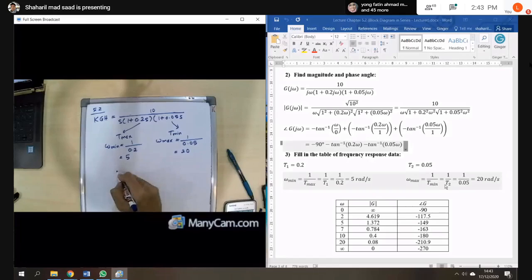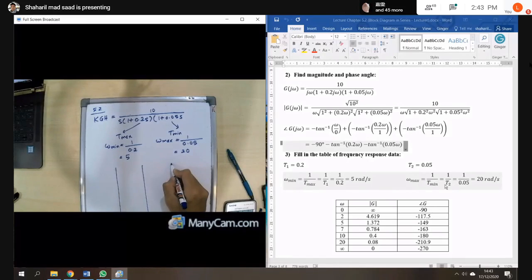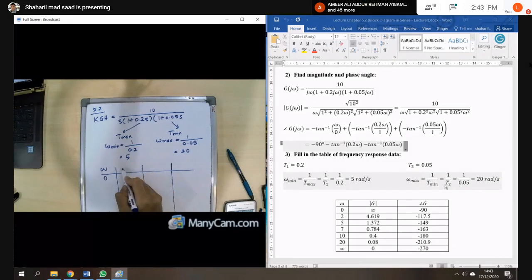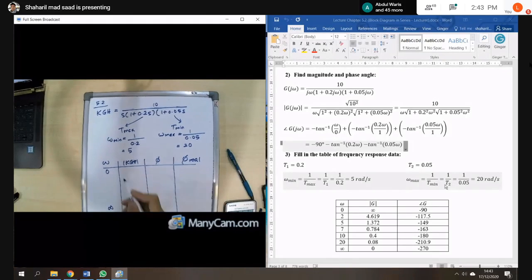Then you start to have a table here: omega from 0 until infinity, the magnitude of KGH, the phase, and the real part. So you have 5 and 20 in between.